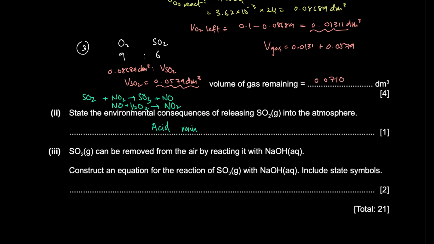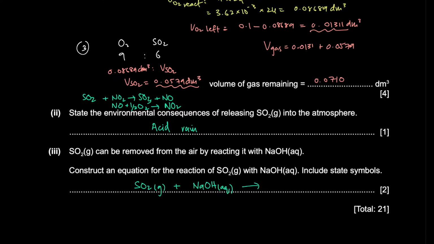Sulfur dioxide can be removed from air by reacting it with sodium hydroxide aqueous. Construct an equation for the reaction of sulfur dioxide with sodium hydroxide aqueous. Include state symbols. So we have sulfur dioxide reacting with sodium hydroxide aqueous.